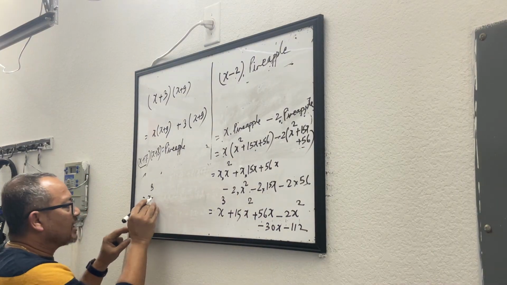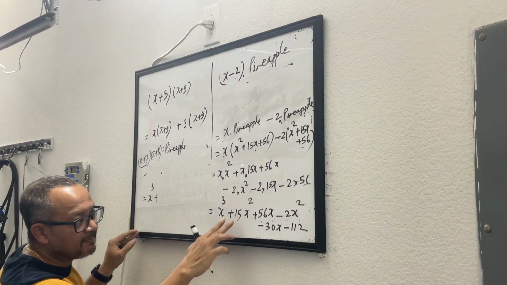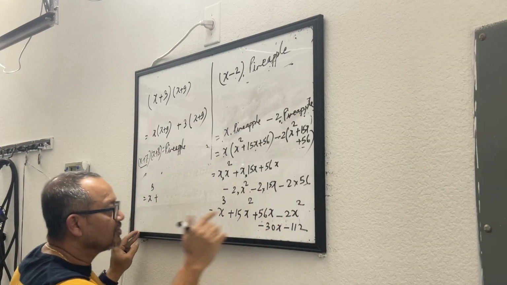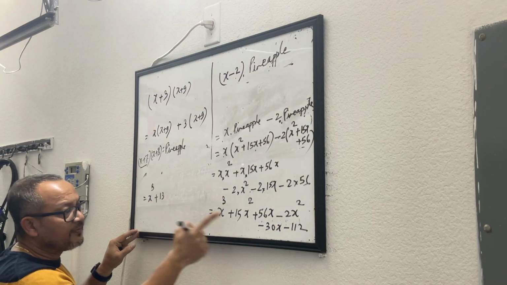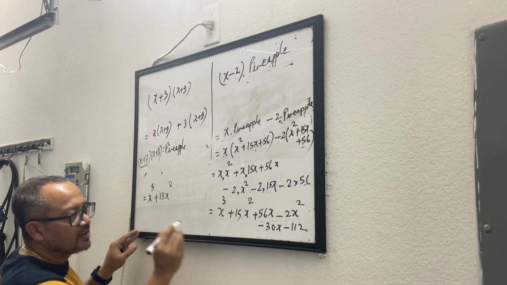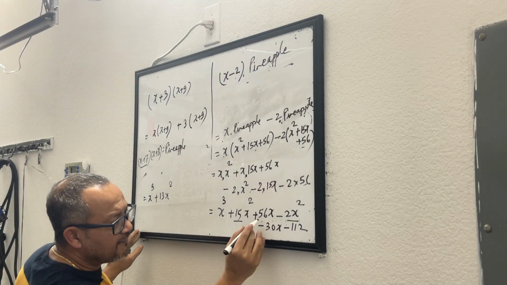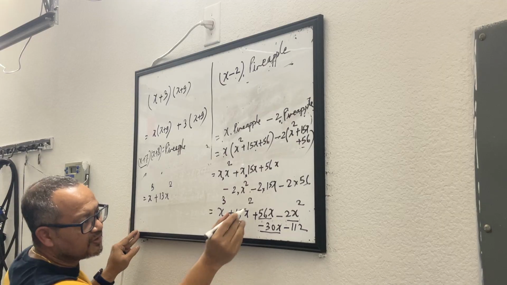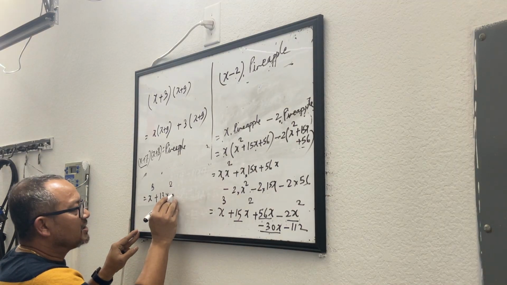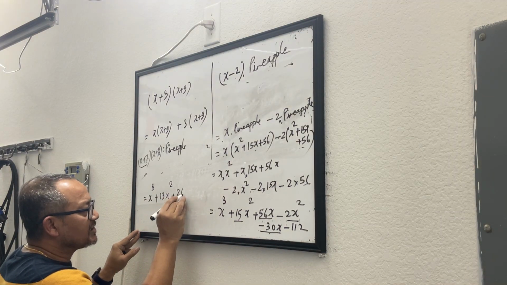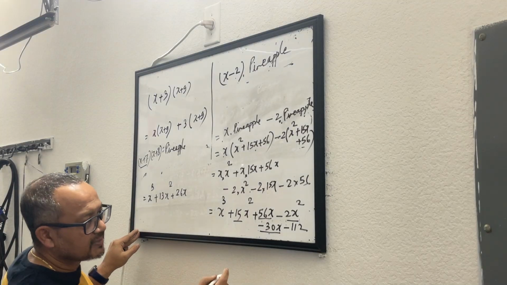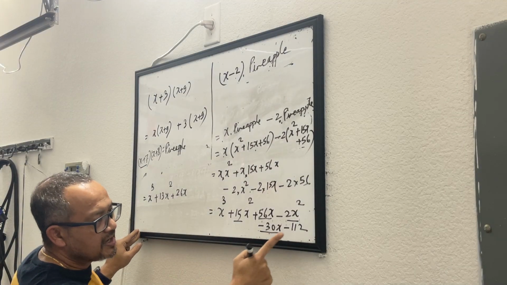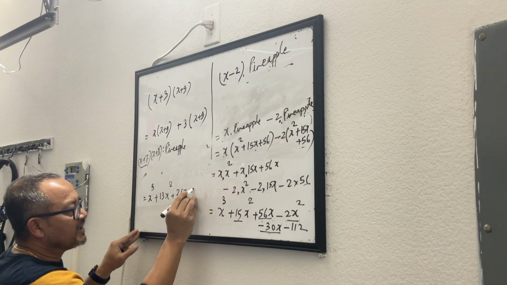That will be 13 of x square, because I have a plus 15 and minus 2. Then I have 56 of x positive and minus 30 of x. So 56 minus 30 will be 26x. Then I have minus 112.